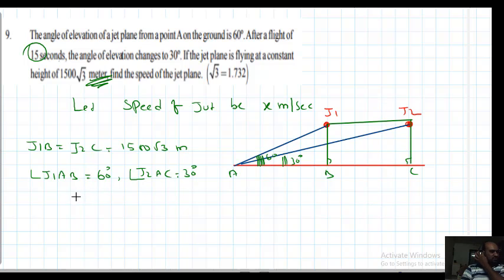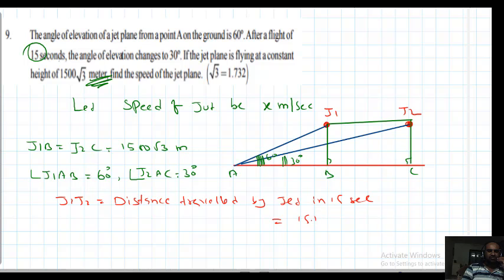I will write it now. J1J2 equals the distance traveled by the jet in 15 seconds, that is equal to 15 into x only, because the speed of the jet is x meters per second.